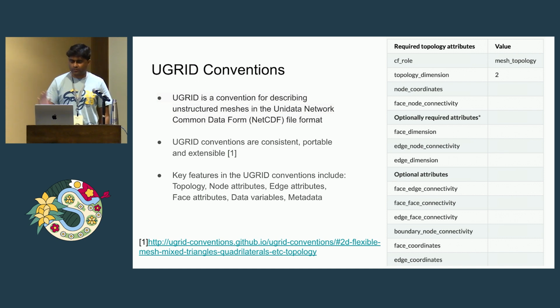On the right, you want to specify a CF role mesh topology that has to be there specifically. If it's not, then you just fail. You have a topology, dimension, node, coordinate space, connectivity, and then there are optional attributes. And we can add our own attributes for different algorithms to make it more extensible.